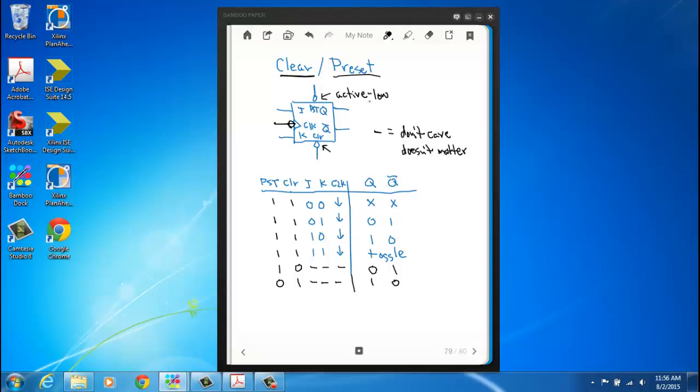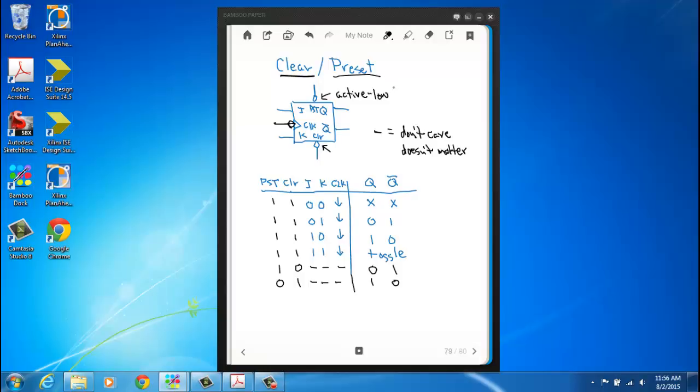So that's what active low preset and active low clear are all about. Clear makes the Q output go to 0 when activated, no matter what the other inputs are. Preset makes the Q output go to 1, no matter what the other inputs are when it's activated. And you never want to activate clear and preset at the same time, because that sets up an ambiguous output.